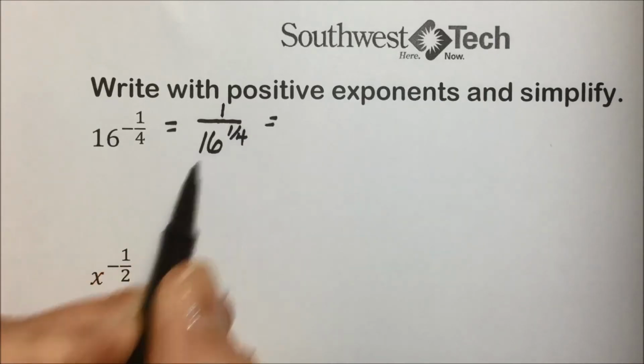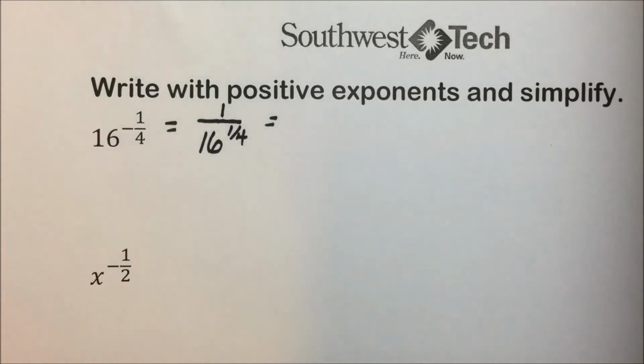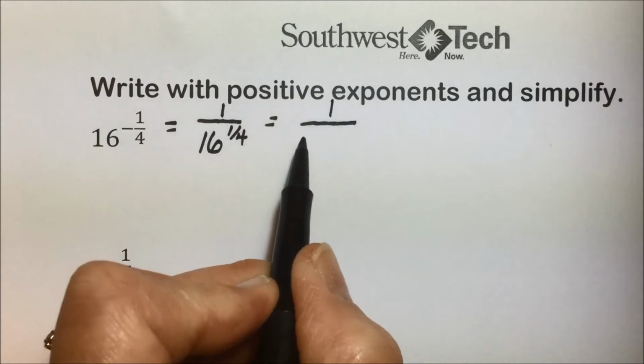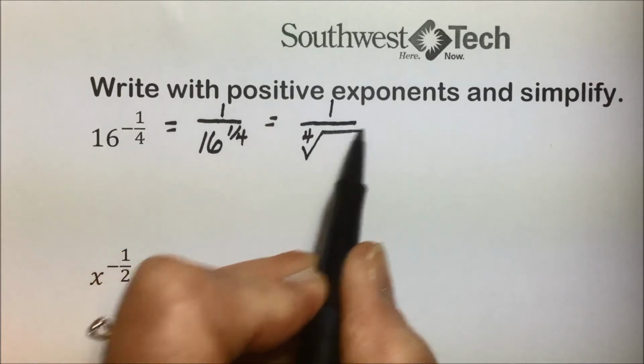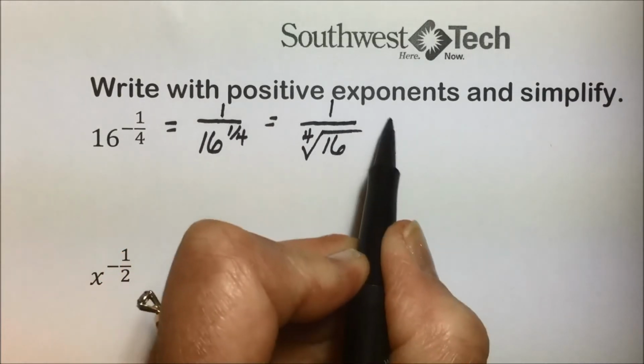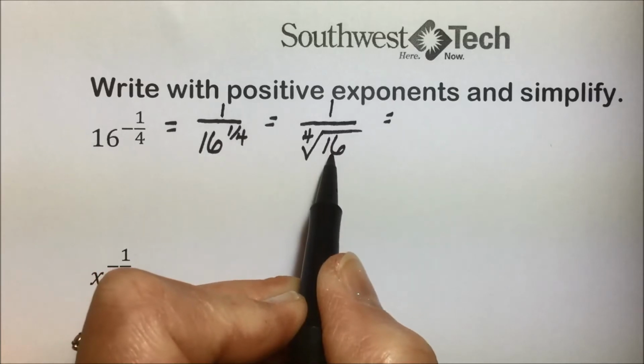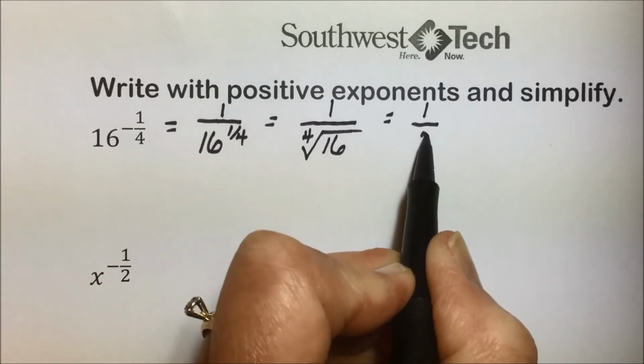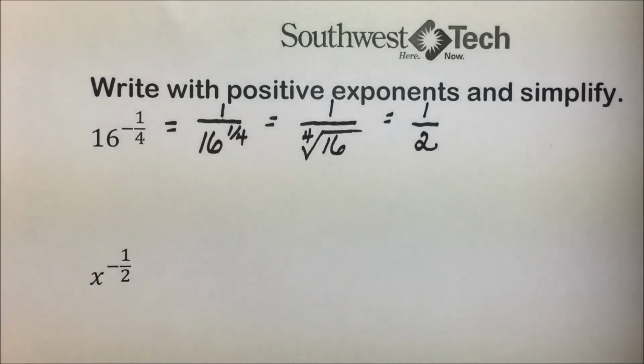And then to replace the rational exponent, we will use the denominator as our index on the radical. So we're taking the 4th root of 16. And since 2 to the 4th power is 16, this radical simplifies to 1/2.